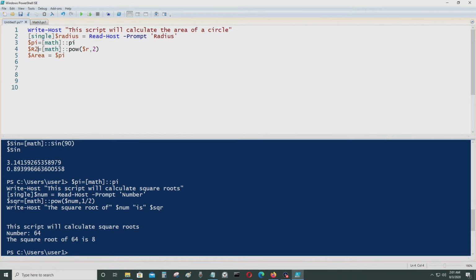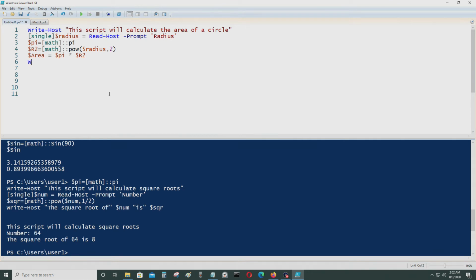We'll call it radius 2, and radius will be here, times R2, so radius.